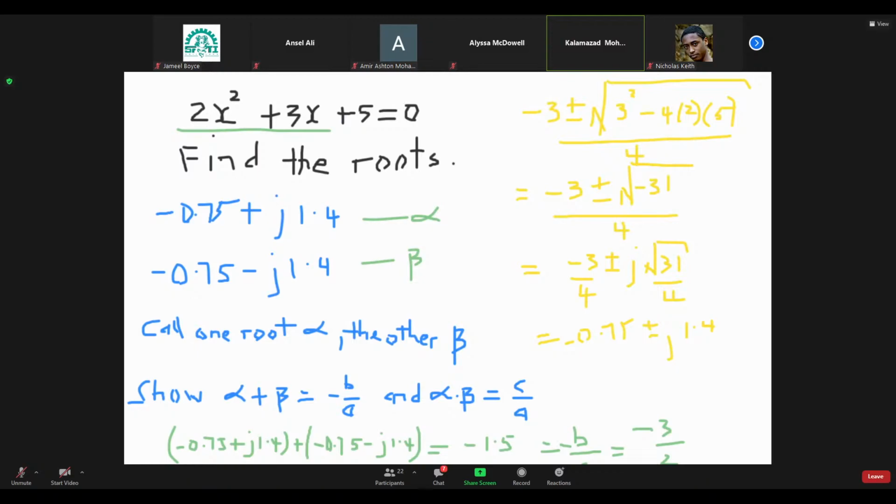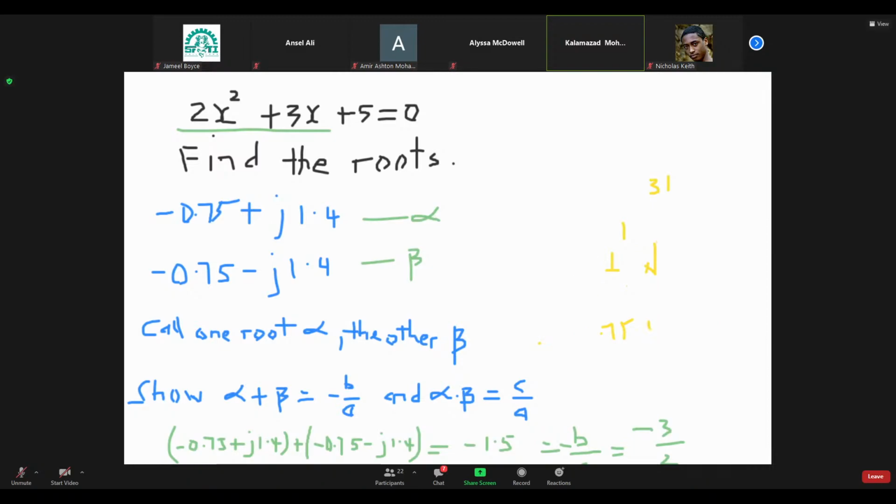And alpha multiplied by beta would be equal to, right?